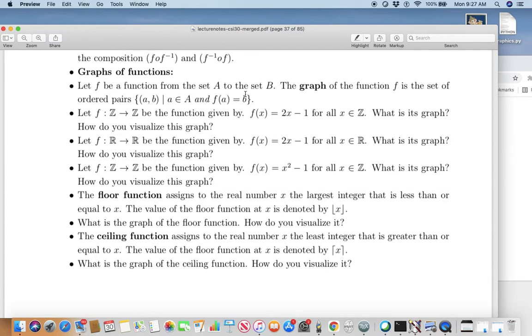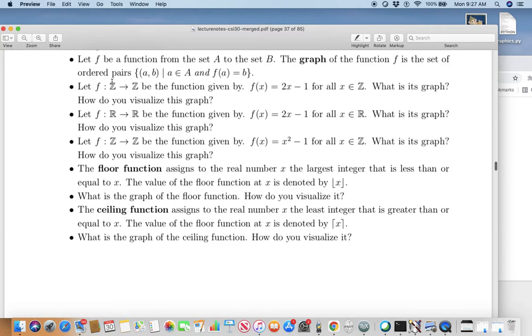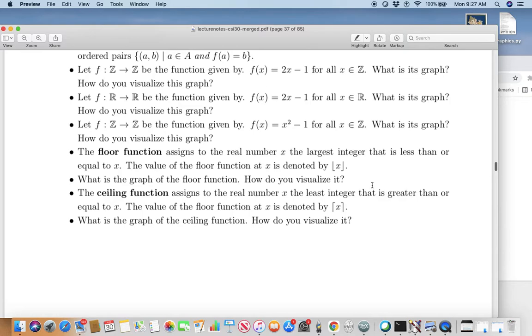That's all I have said. b equals f(a). So ordered pairs where the second coordinate is f of the first coordinate. Let f be a function from the set of integers to the set of integers given by f(x) equals 2x minus 1. What is its graph? How do you visualize this graph?